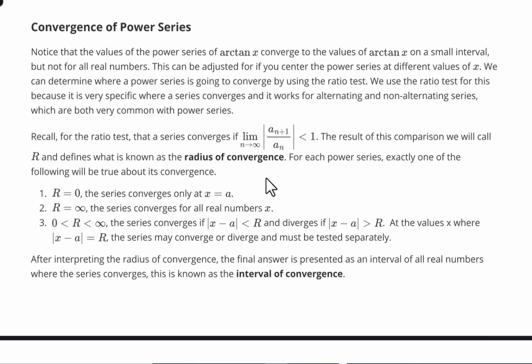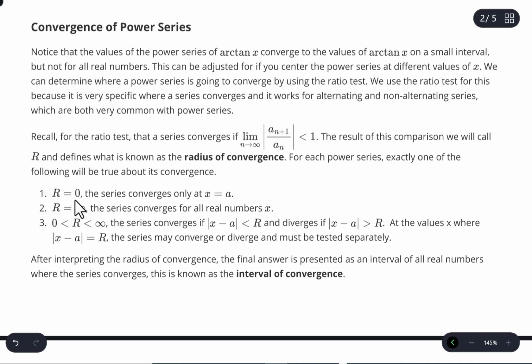What we'll do is compute the limit that is required in the ratio test, and we'll compare that to 1. The result of this comparison is known as R, and we call that the radius of convergence. And for whatever that radius of convergence is, exactly one of the following will be true.